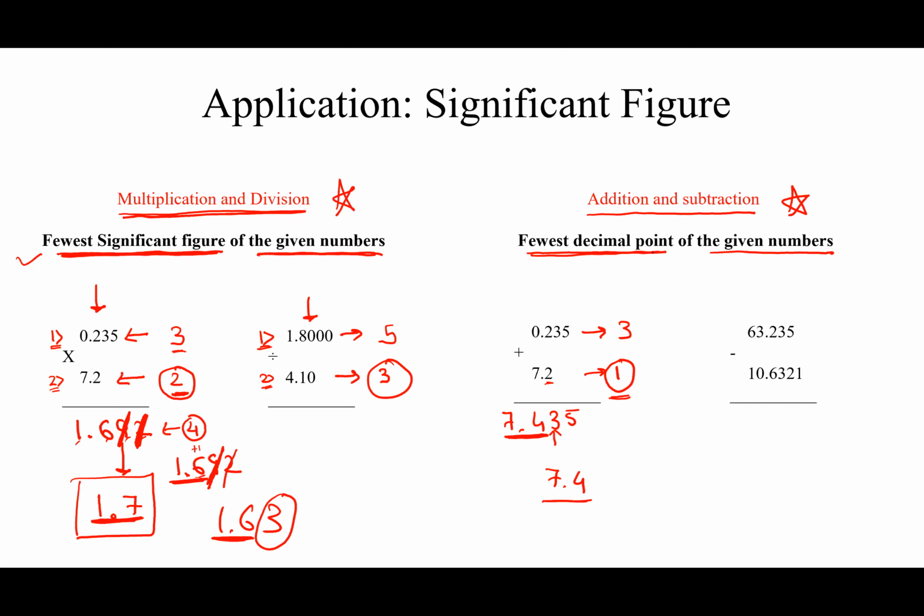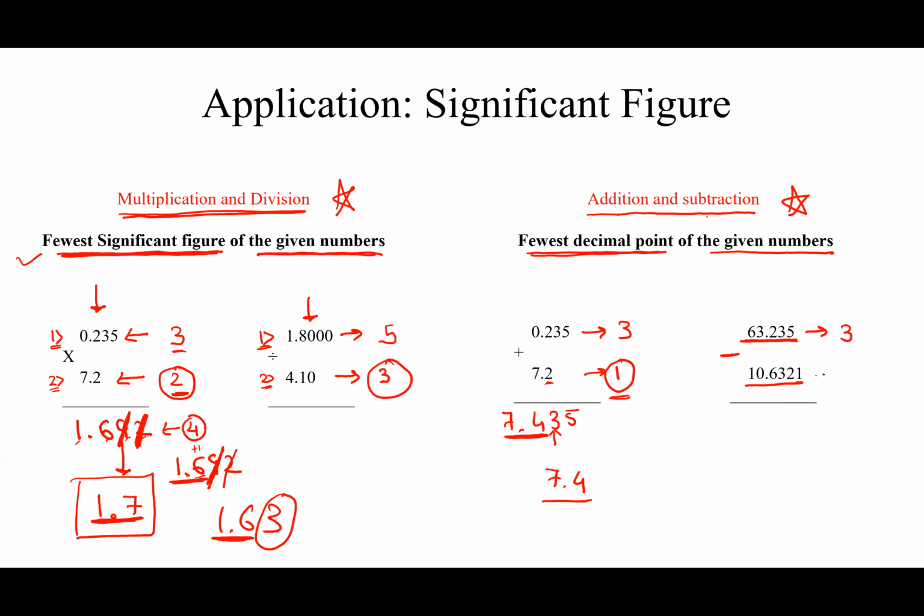What I said is, it depends on what numbers you have. Let's say in this case, this is the first number, this is the second number, and you are doing subtraction, right? So if it's addition or subtraction or both of them, you're going to find out how many digits you have after the decimal place. In the first number, you have 3 digits after the decimal place.